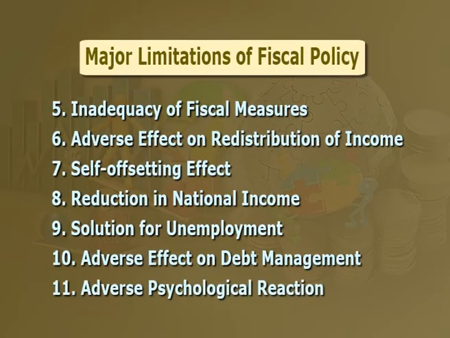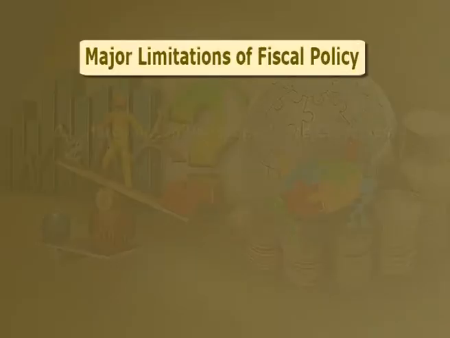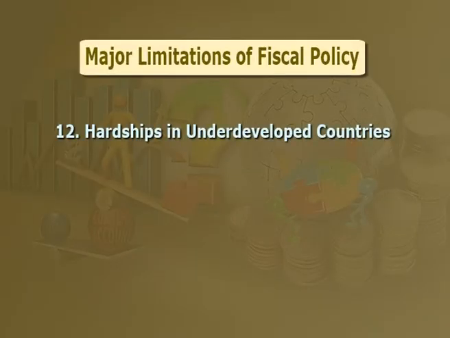Number 11. Adverse psychological reaction. Large deficit programs financed by borrowings bring about adverse psychological reactions. Rumors of government bankruptcy discourage investors and often flight of capital takes place. Number 12. Hardships in underdeveloped countries.